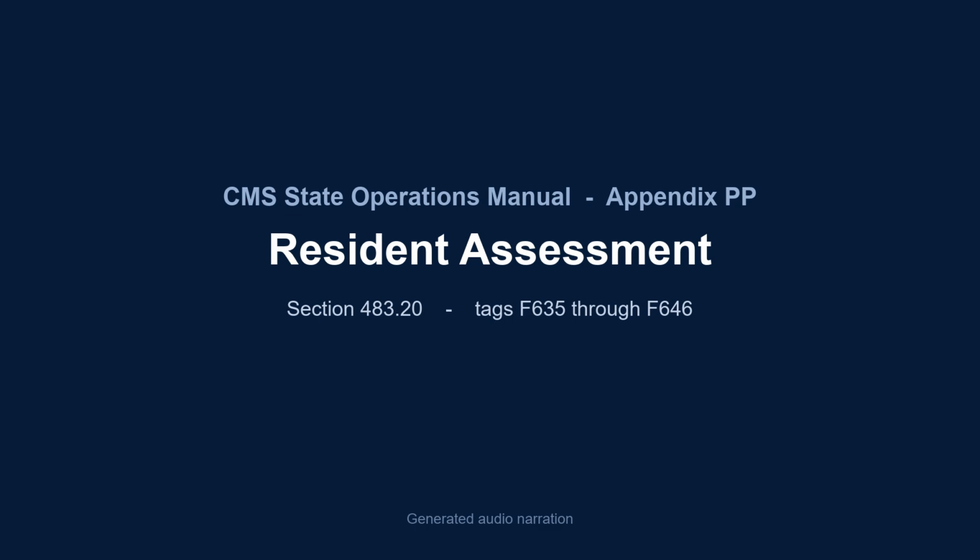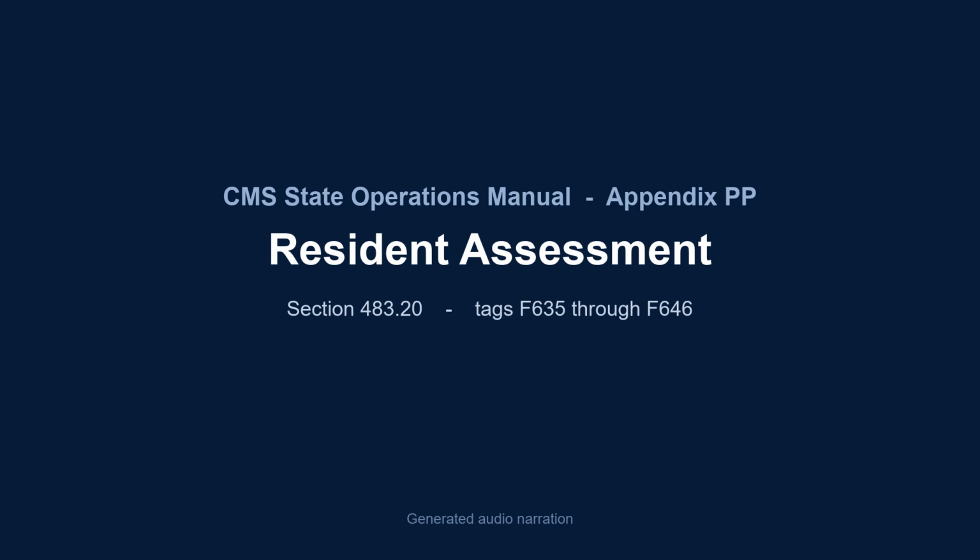Each facility must use the RAI specified by CMS, which includes the MDS, utilization guidelines, and the CAAs to assess each resident. The facility is responsible for addressing all needs and strengths of residents, regardless of whether the issue is included in the MDS or CAAs.